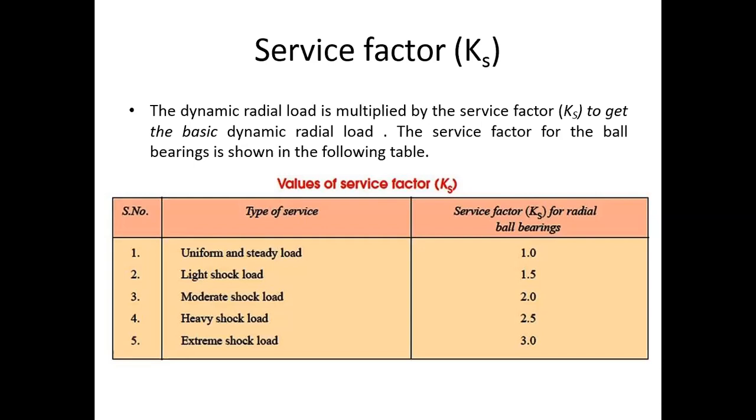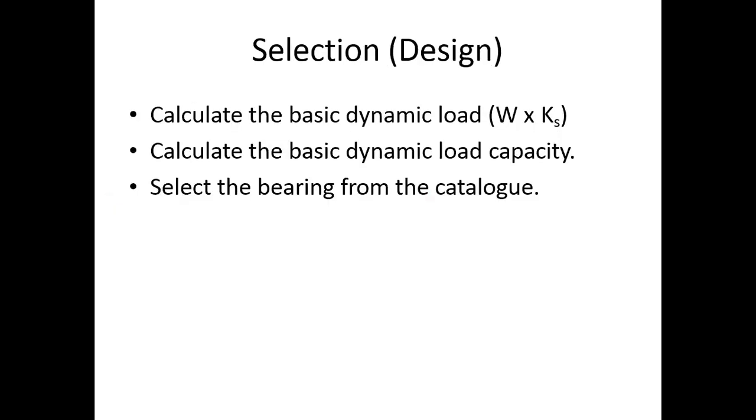These loads are different kinds of loads which are not generated by the supported element, but are applied on the bearings due to the operation or due to the misalignment. So for different kinds of loads applied, a different service factor is available for the radial ball bearing.